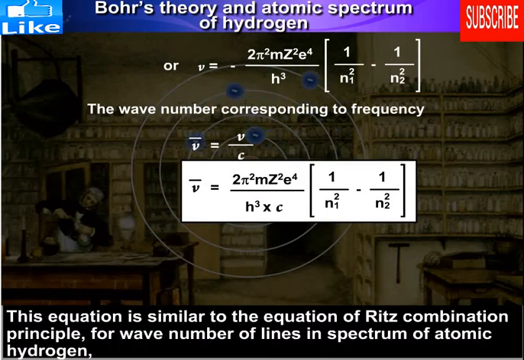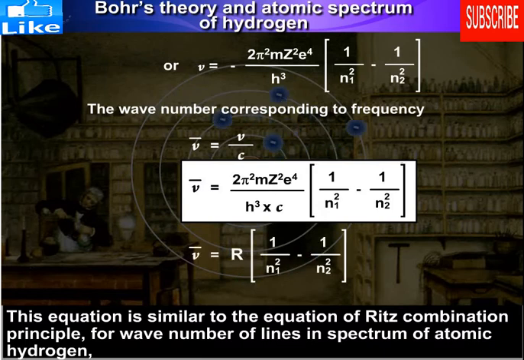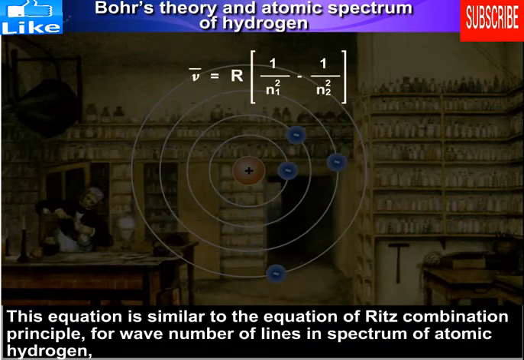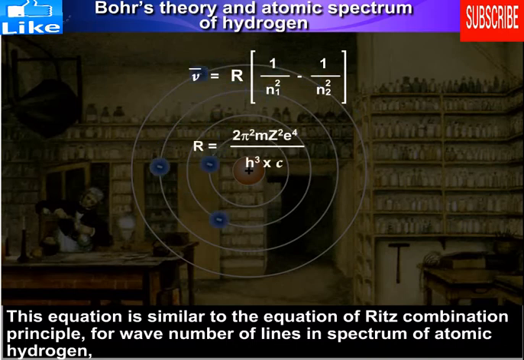This equation is similar to the equation of the combination principle for wave number of lines in the spectrum of atomic hydrogen: v bar equals R into bracket 1 upon n1 square minus 1 upon n2 square, bracket complete. R equals 2 pi square m into z square into e raised to 4 upon h cube into c.